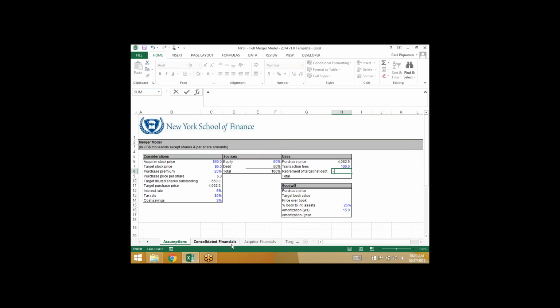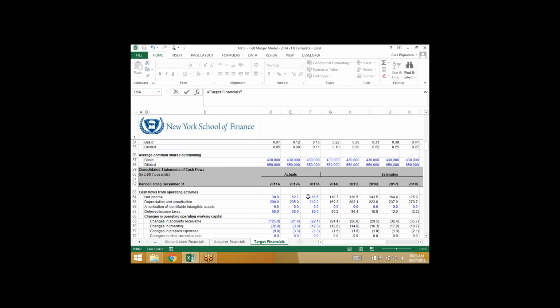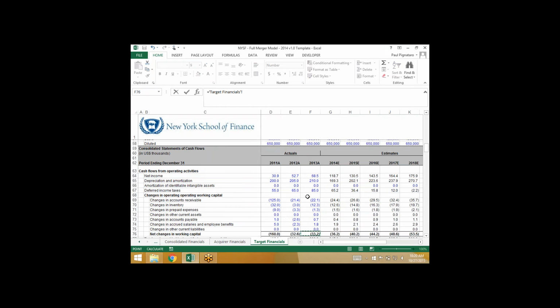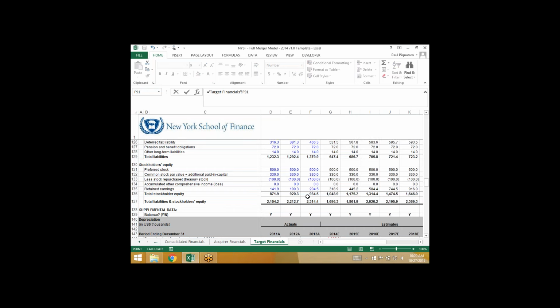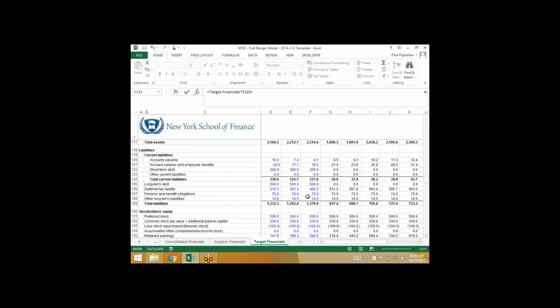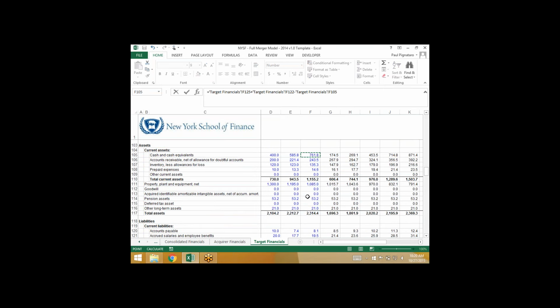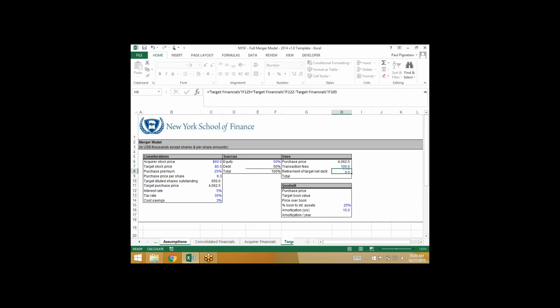It's going to come in from the target financials, 2013 balance sheet, long-term debt, minus cash. Short-term plus long-term minus cash. 38.2. Okay.